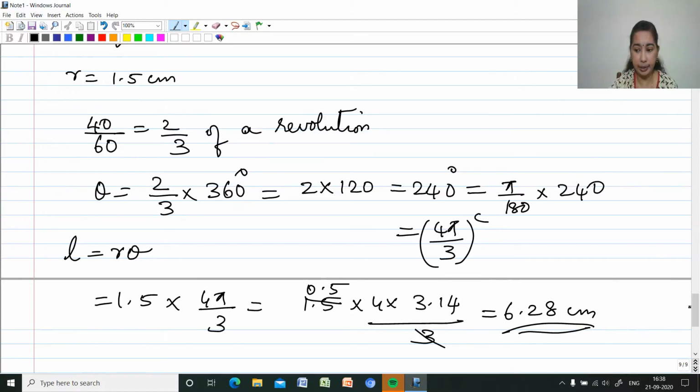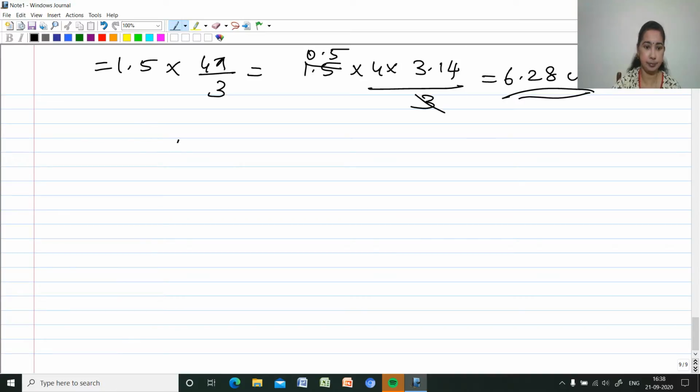Now we'll move on to the exercise questions. Exercise 3.1. Find the radian measures of minus 47 degree 30 minutes. You're supposed to convert to radians. So in order to convert to radians, everything should be in degrees.